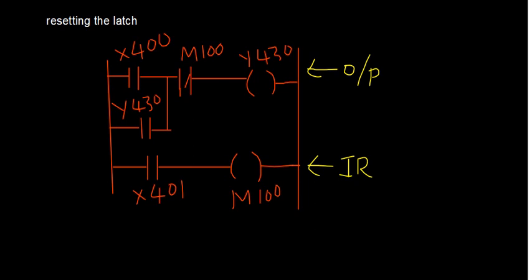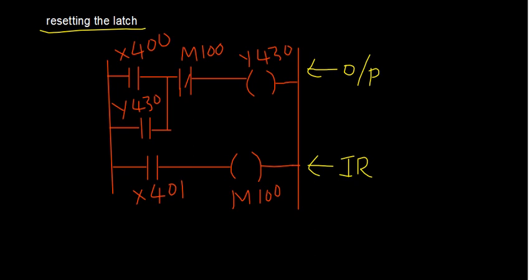I hope you are parallelly taking these examples also and noting them down, right? So now when you look at this diagram, basically this is meant for resetting the latches, right? Latches means to keep the condition on even when the input is removed. Push button switches are meant only for the purpose of turning on, right?